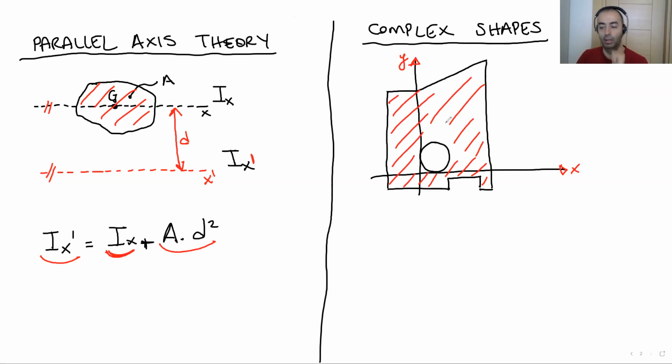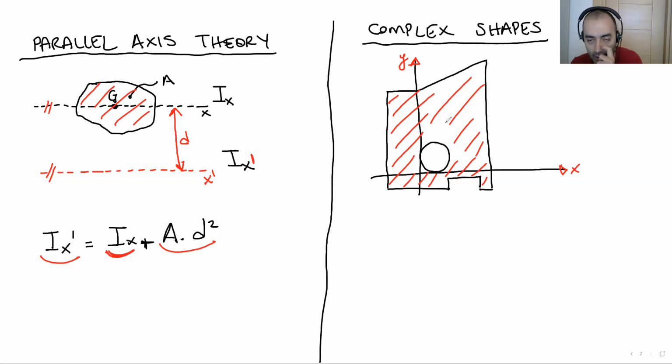Okay. If we have this kind of shape, how can we calculate the moment of inertia? I'm not going to make a calculation here. I'm going to give a logic to make these calculations. Remember, to calculate the centroid point, we were splitting these complex shapes into basic shapes.